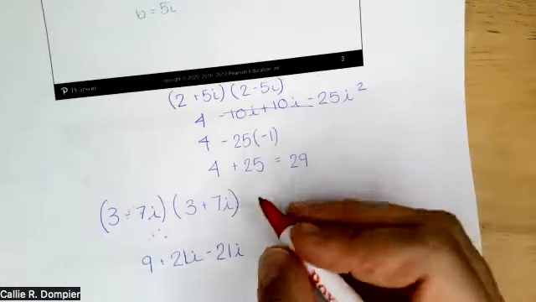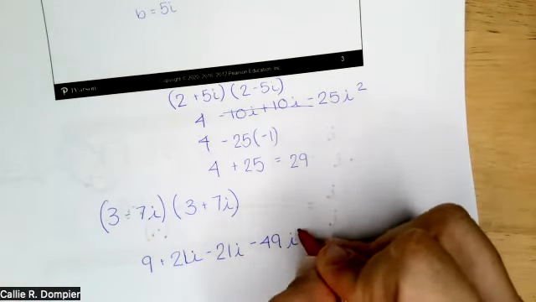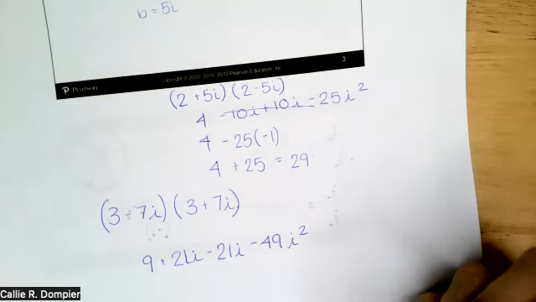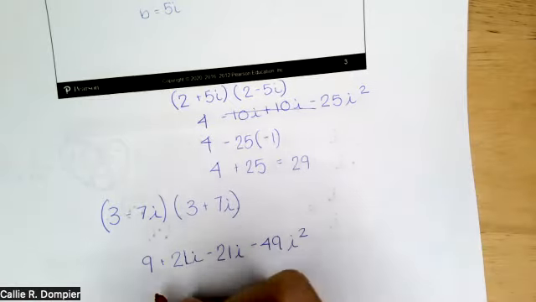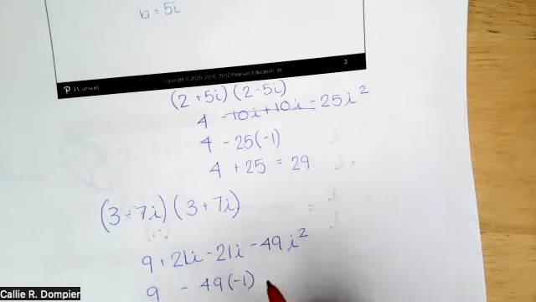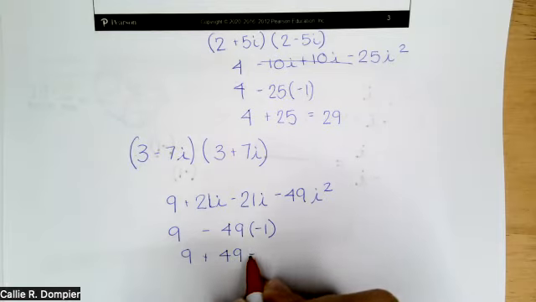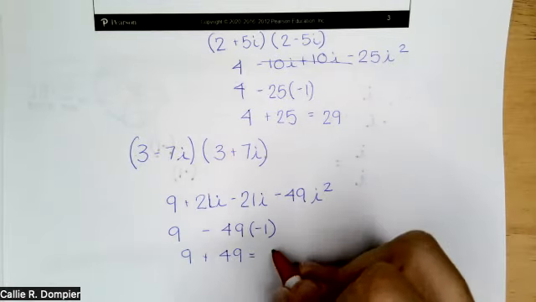Negative 7 times a positive 7 is negative 49i squared. 9 minus 49 times -1 becomes 9 plus 49, which is 58.